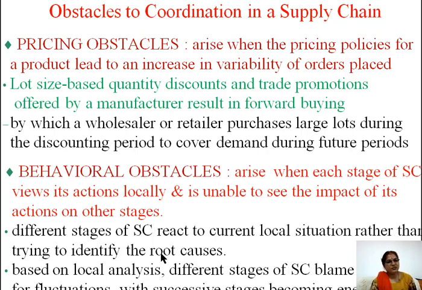Next is behavioral obstacles. This arises when each stage of the supply chain views its actions locally and is unable to see their impact on the entire supply chain. If you don't look at the supply chain in a holistic way, the owners of every stage try to optimize their local objectives without worrying about the root causes, because root causes may be lying beyond their boundaries.